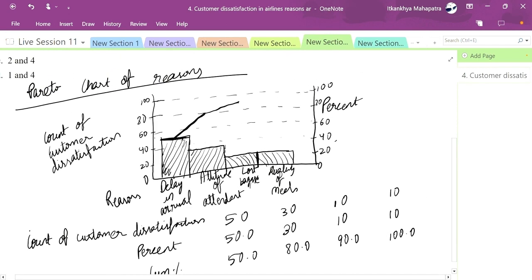Now, we draw a straight line to this middle.